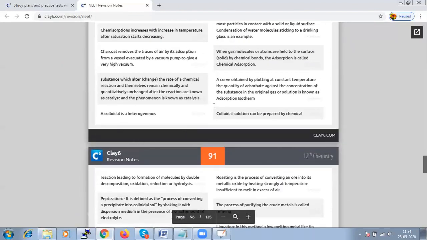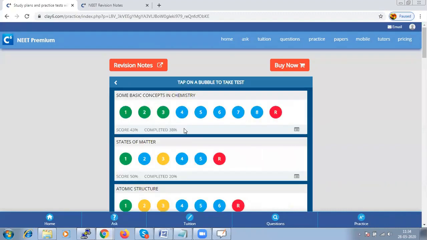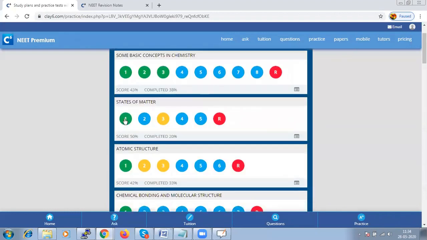And based on our analysis, let us try taking a test from this chapter. So here, if we go to chemistry, we have chapter-wise tests available, and each bubble represents a test. Green color indicates that the test is already taken.